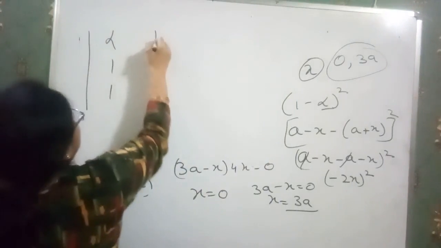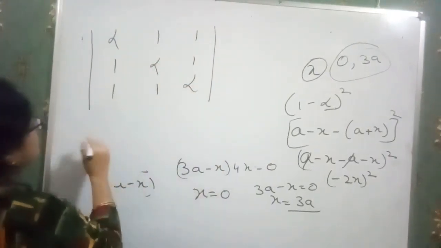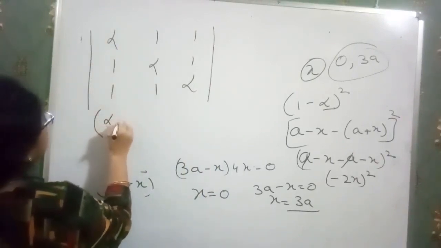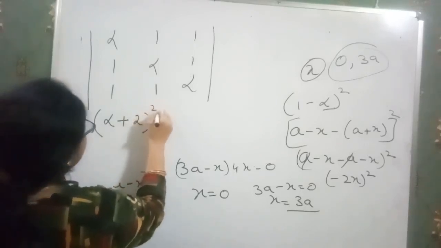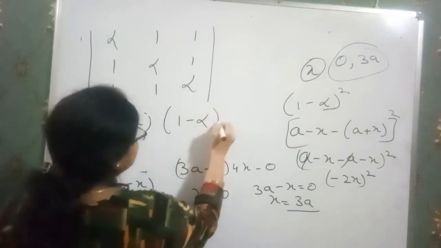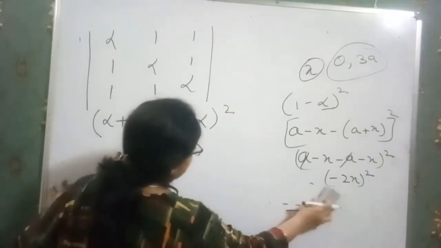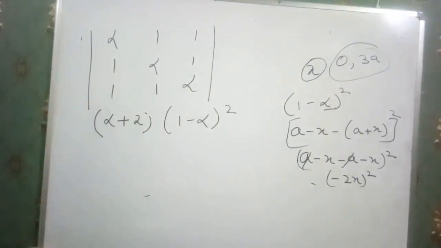For a determinant with alpha, 1, 1, 1, alpha, 1, 1, 1, alpha, we have the value alpha plus 2 into 1 minus alpha whole square. This is the value of the determinant. You just memorize this formula and you can apply it in many questions.